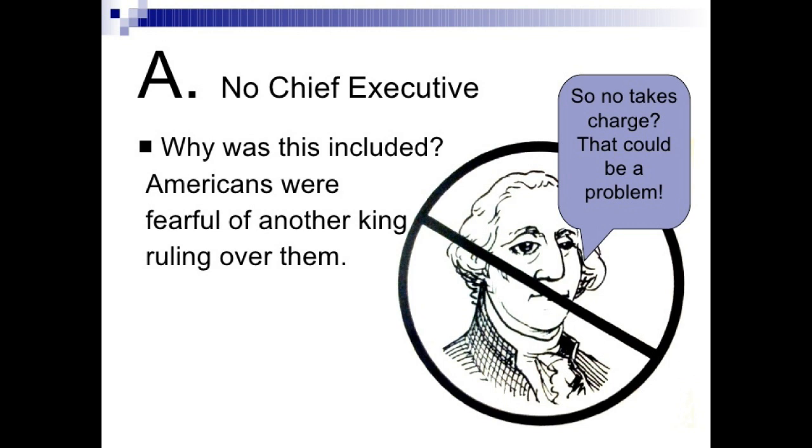They were afraid of giving one person that executive power because they were afraid of what the king had done under English rule. And the third picture, once again, is they gave the government no power to draft an army to defend the country.